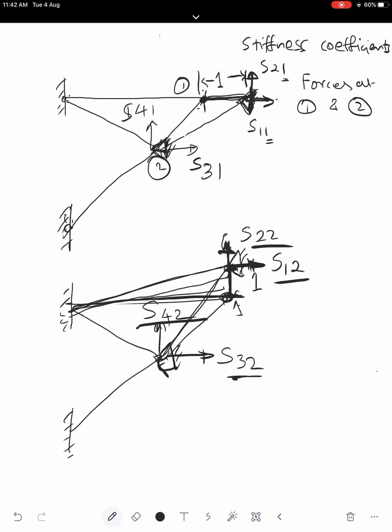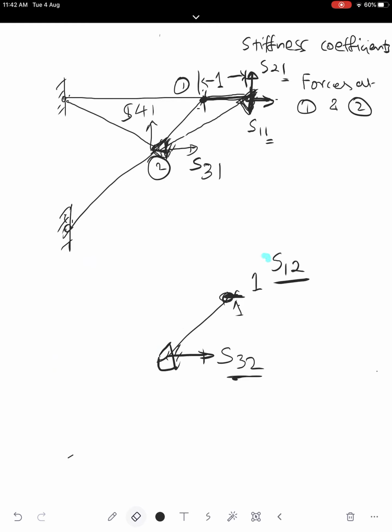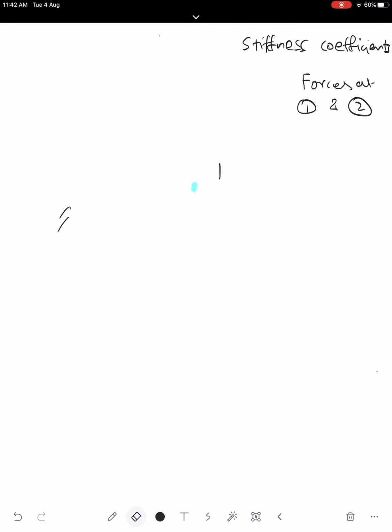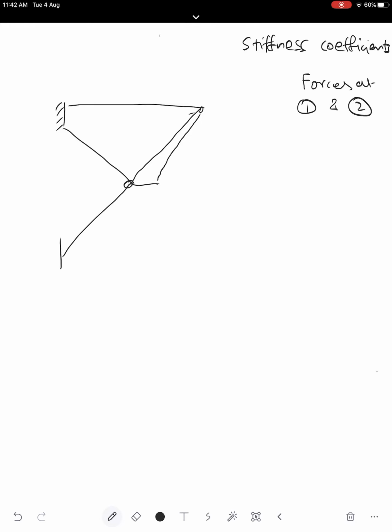Similarly, we will do the remaining two cases. We want to apply unit translation for joint 2, both in vertical and horizontal direction, to get the stiffness matrix. So the third one will be, this joint will remain as it is. Now we want to translate this with unit value.